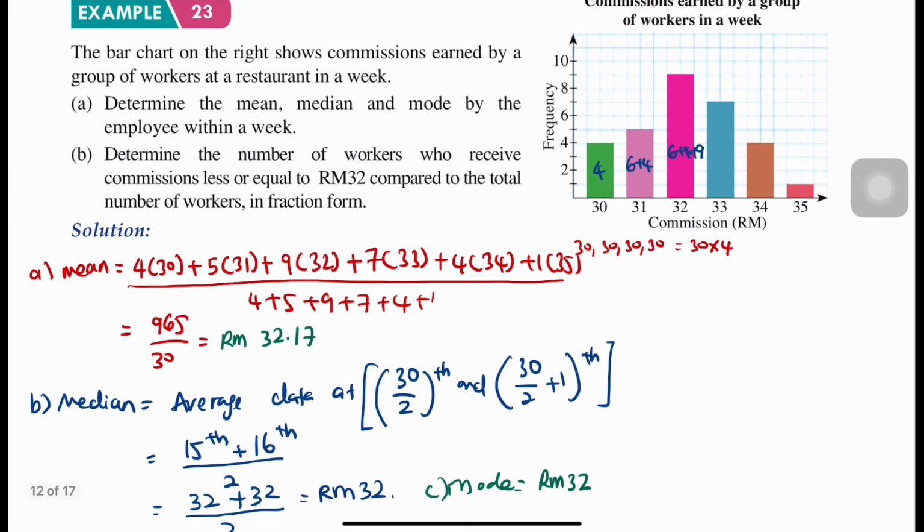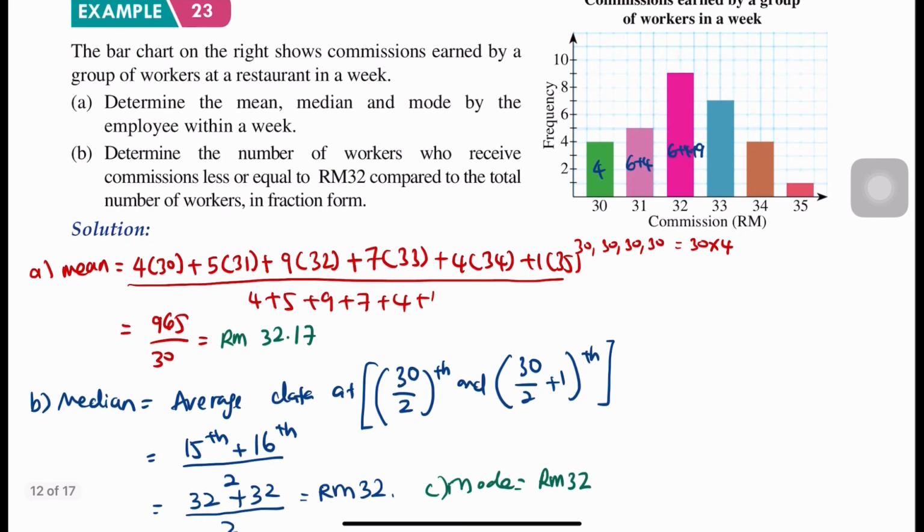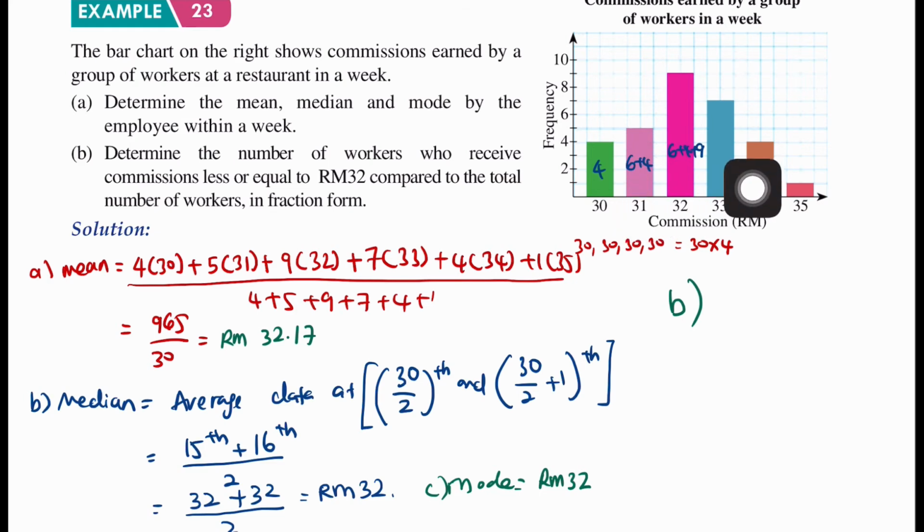compared to the number of workers in fraction. So sekarang yang ni 32 kan? 32 dan kurang. Okay, so kita tahu, ni B. So yang kurang daripada 32 kita ada 30, 31, 32. Yang ni 5 lah, typo. Yang ni 5, tak nampak.